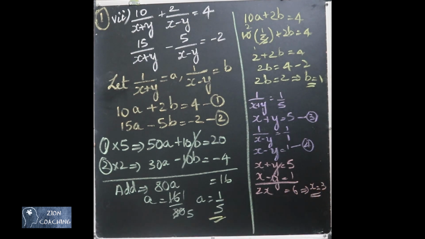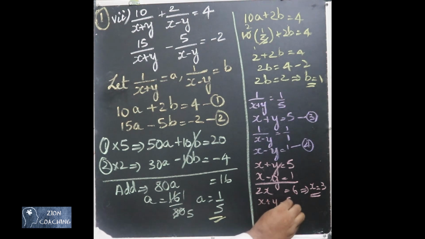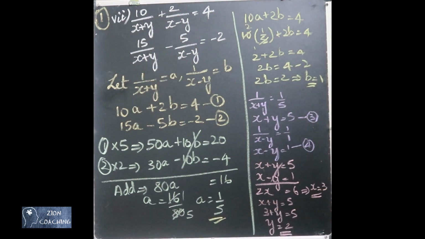Now we have found the x value. Substituting in any one of the equations, we have x + y = 5. 3 + y = 5. So y is going to be, when you take this 3 to the other side, 5 − 3, that is 2. Now we have found both the values, x = 3 and y = 2.